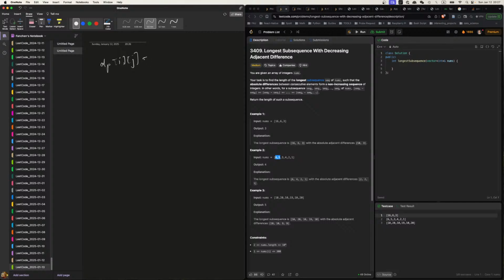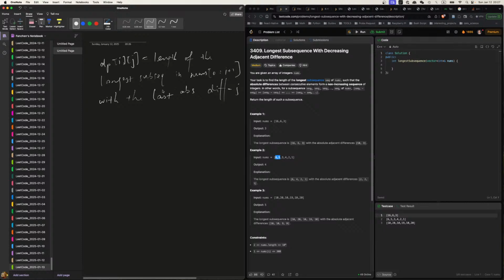DP[i][j] is the length of the longest subsequence in nums from 0 to i, well, i plus 1 using Python's syntax, with the last pair having the last absolute difference equal to j.